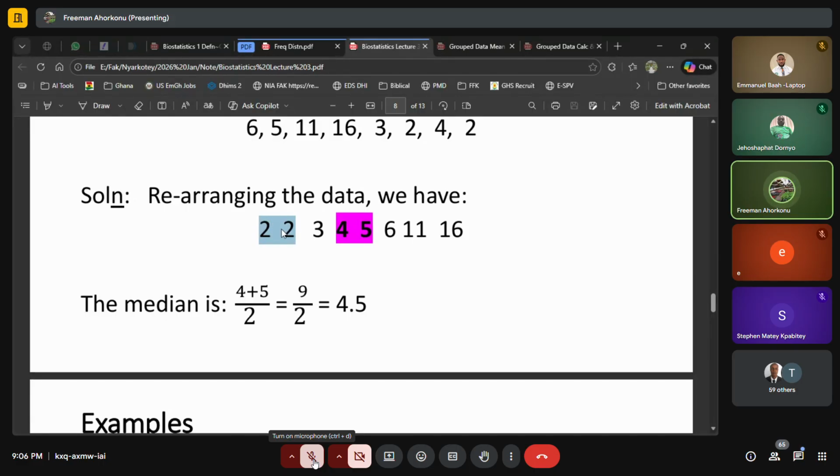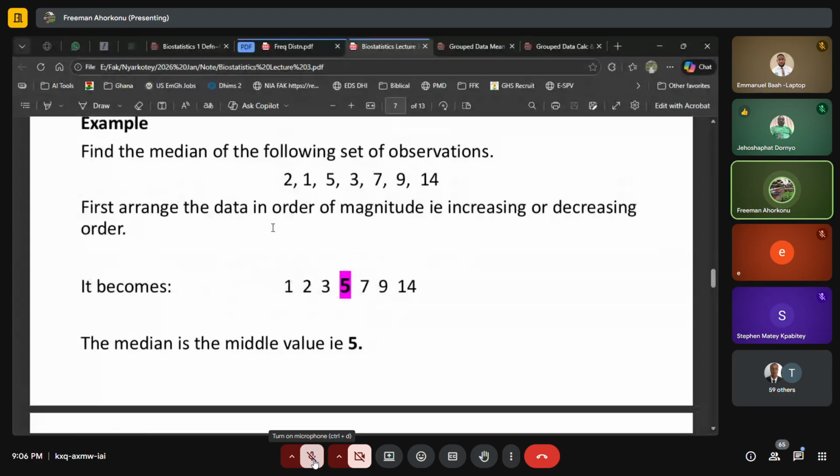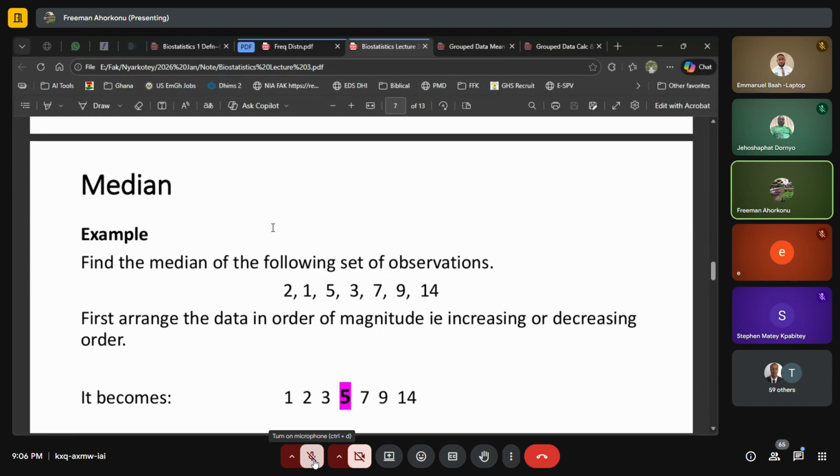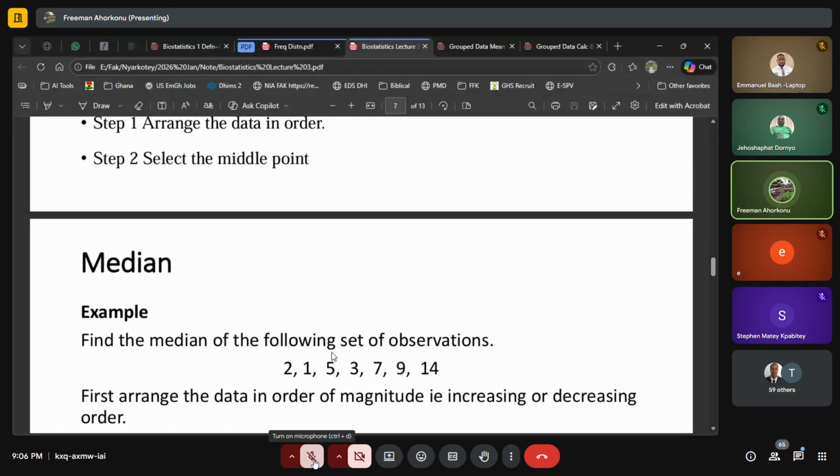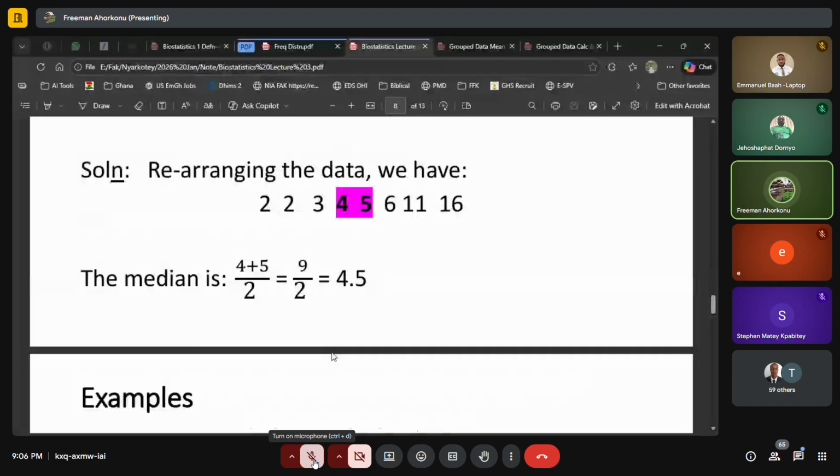So when you are asked what is the mode for this data set, 2 is the mode because it's the only one that occurs most. So any data set you have, and a particular number occurs several times more than the rest, that number becomes your mode.